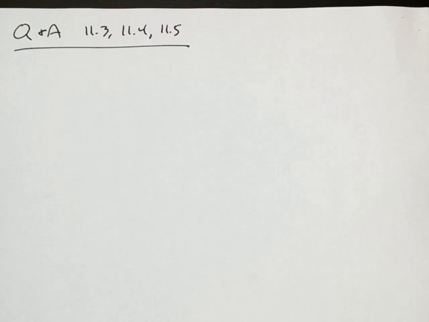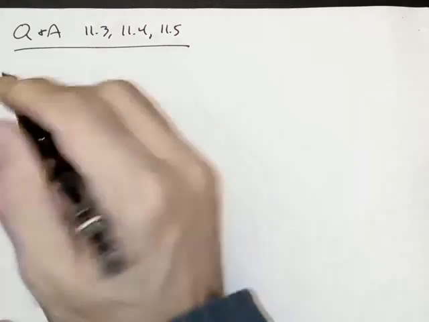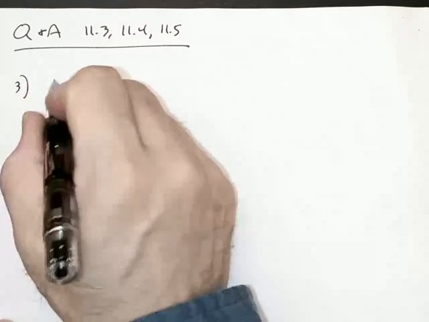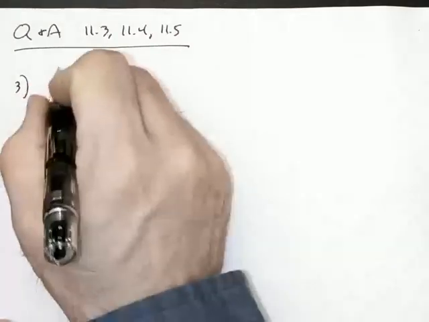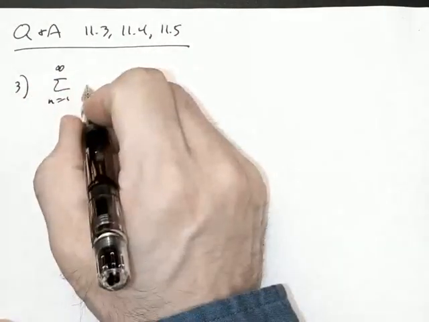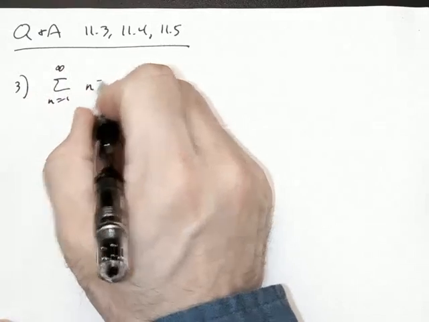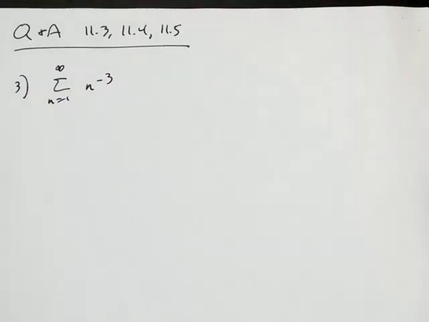So for comparison purposes, do you want to do 3, 5, or 6? It explicitly says use the integral test to determine whether this converges or diverges.